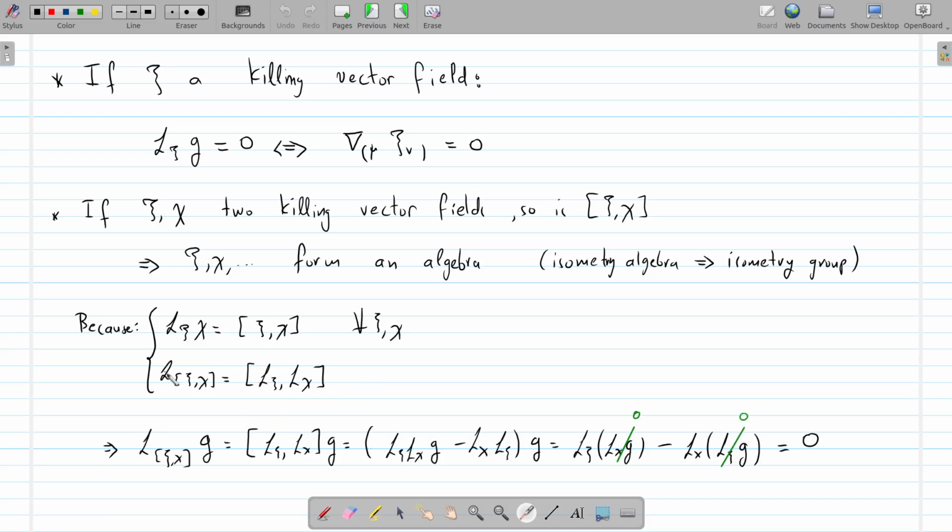So if we compute the Lie derivative of the metric with respect to the commutator of two Killing vector fields, that is the same as the commutator of the Lie derivatives acting on g. And then you see from the definition of the commutator that the result is equal to 0 because both eta and xi are Killing vector fields and they leave the metric invariant.